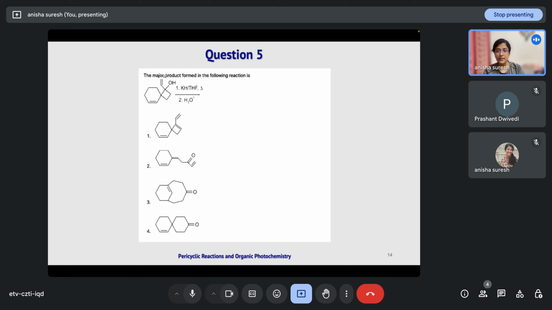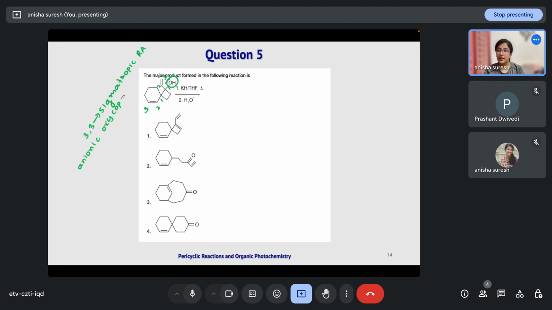So as you can see, this is a 3, 2, 1, 1, 2, 3. A 3,3 sigmatropic rearrangement is possible in the system, and since this OH, after treating with KH, it will result in the formation of an anion.